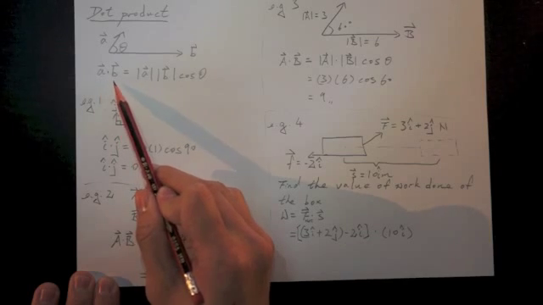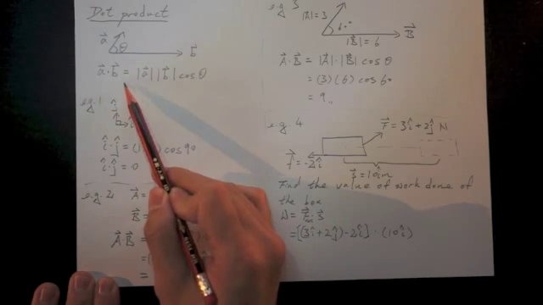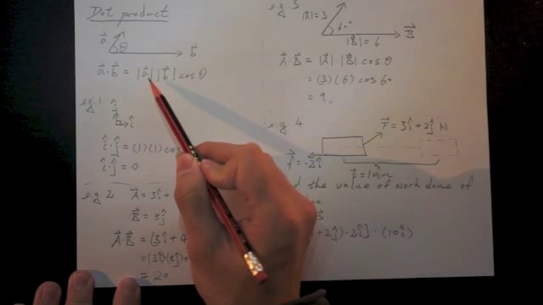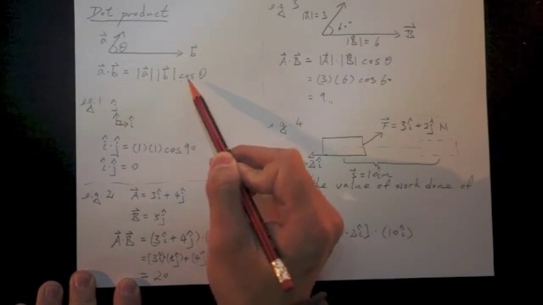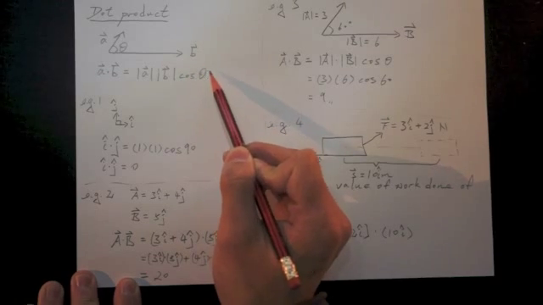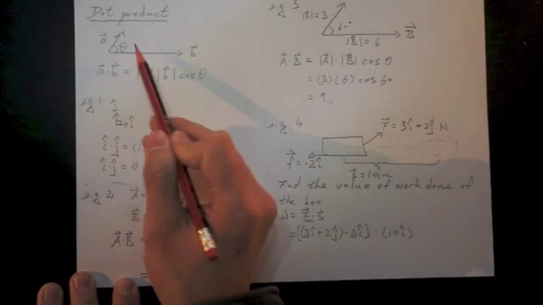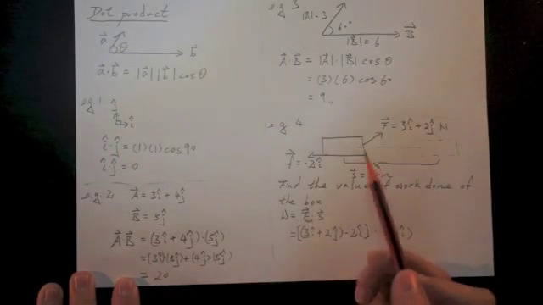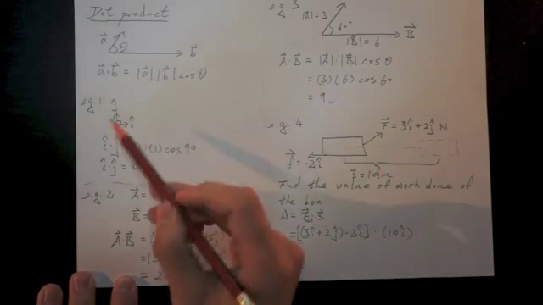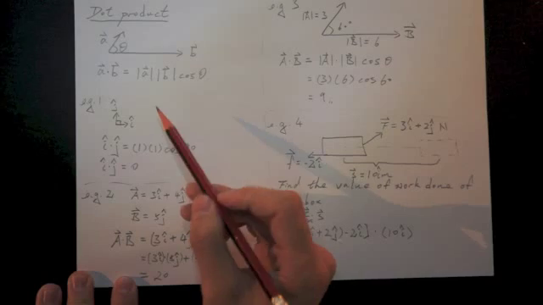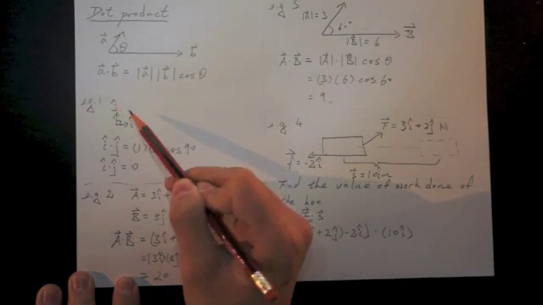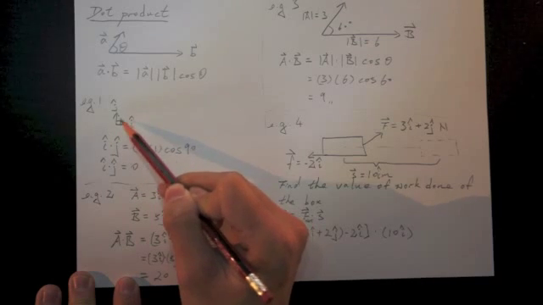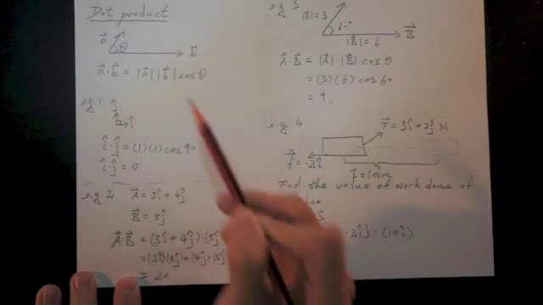Vector A dot vector B is equal to the magnitude of A times the magnitude of B times cosine theta, where theta is the angle between vector A and B. For instance, we have a unit vector i and unit vector j, and the angle between them is 90 degrees.